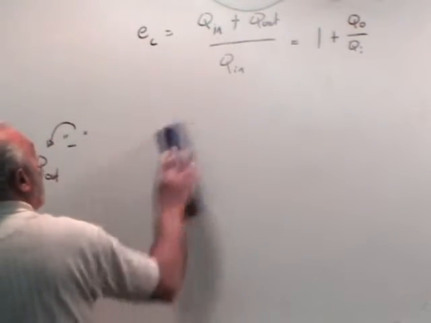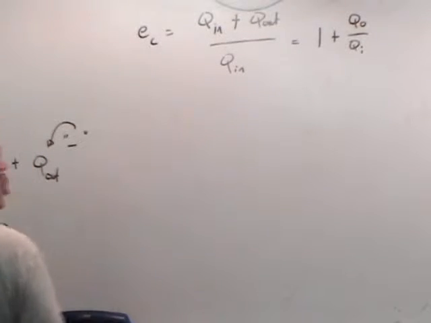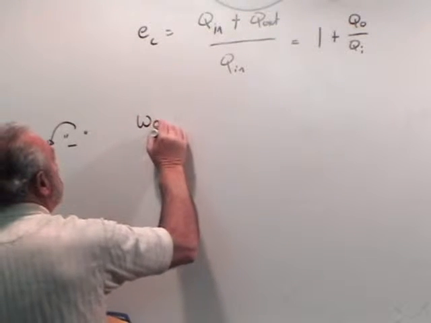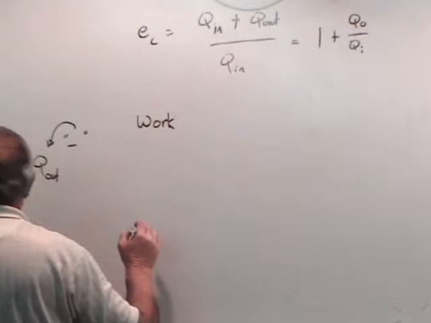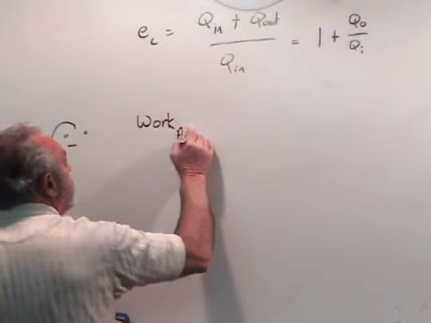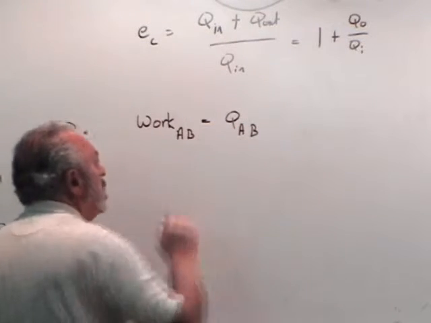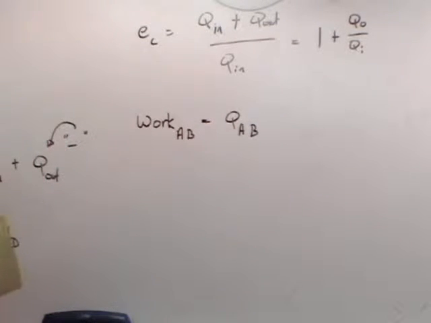Now I want to be able to get QAB and QCD, but I'm going to claim that work AB equals QAB. And what physical argument can I use for that?